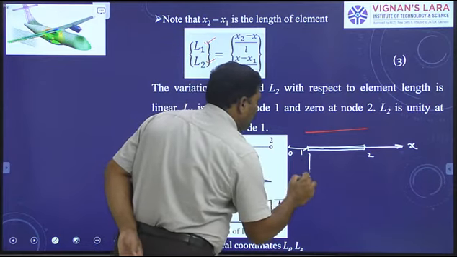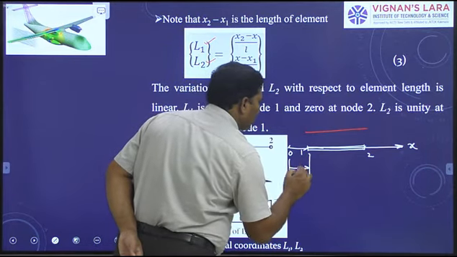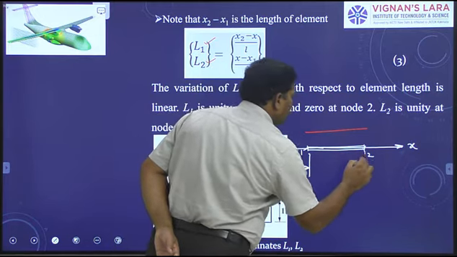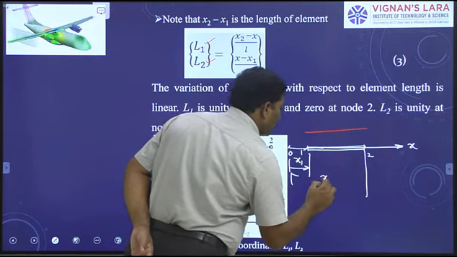Node 1 is specified by the coordinate x1 and node 2 by the coordinate x2.